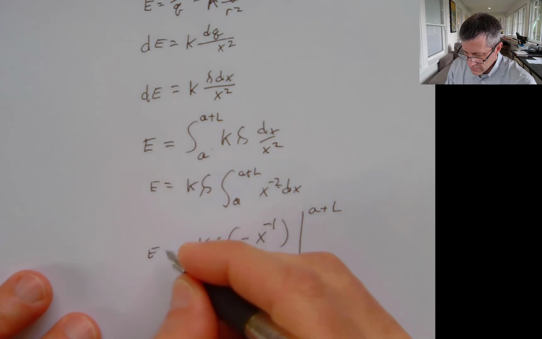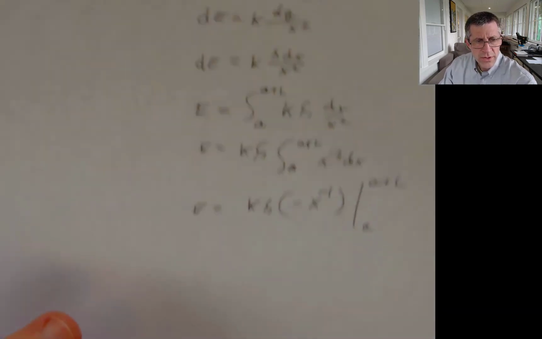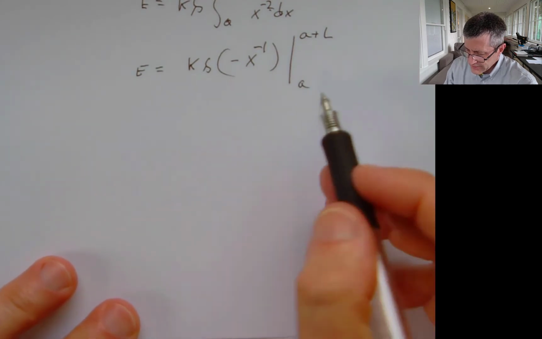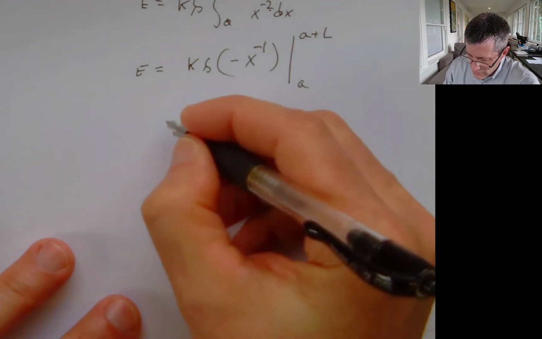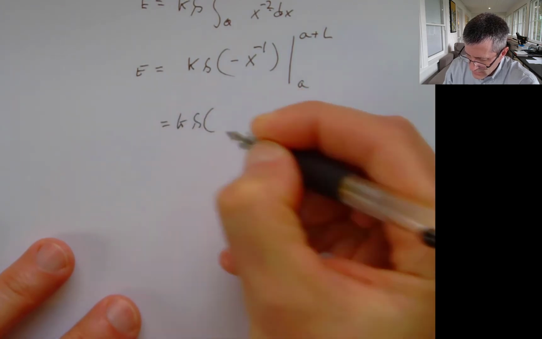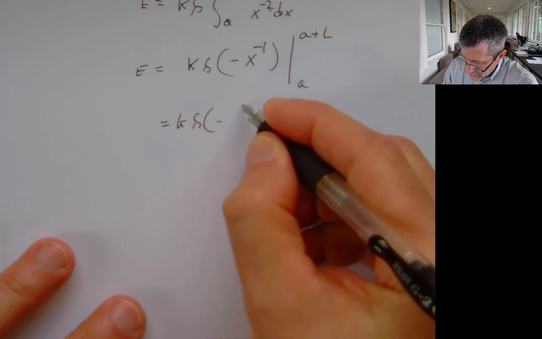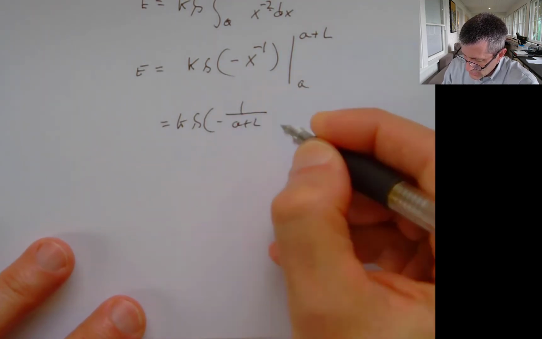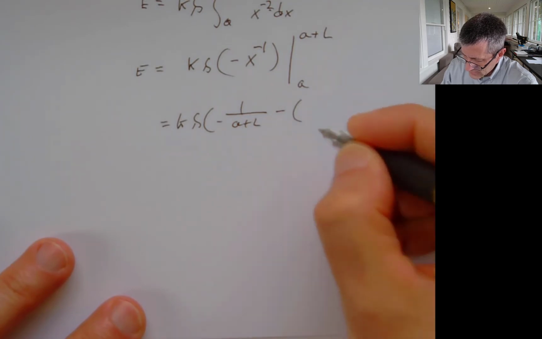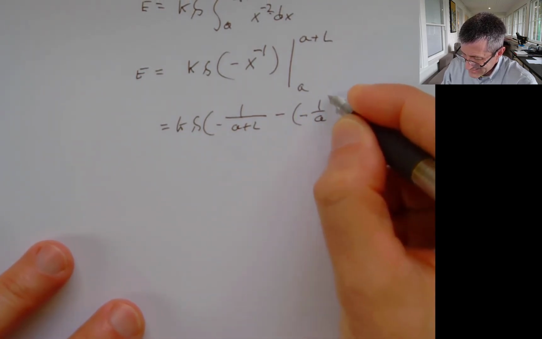Right? And now I'm just doing a little bit of math. I want to subtract the initial from the final, so this is going to be k times lambda times negative 1 over a plus L, and I subtract from that negative 1 over a.